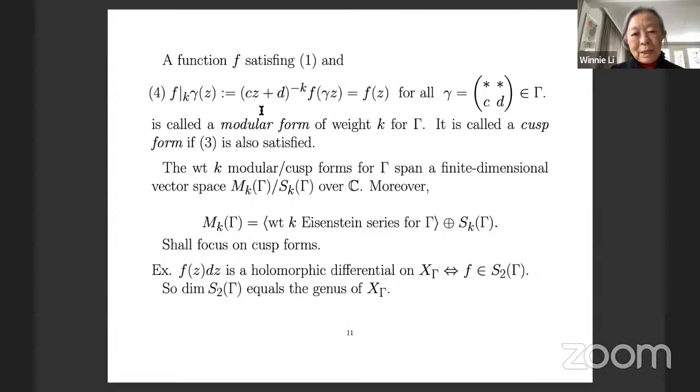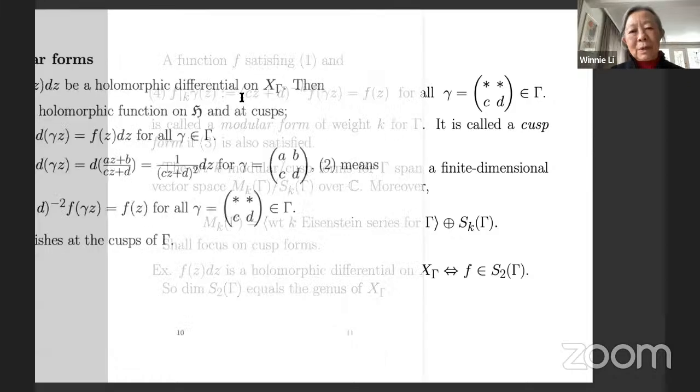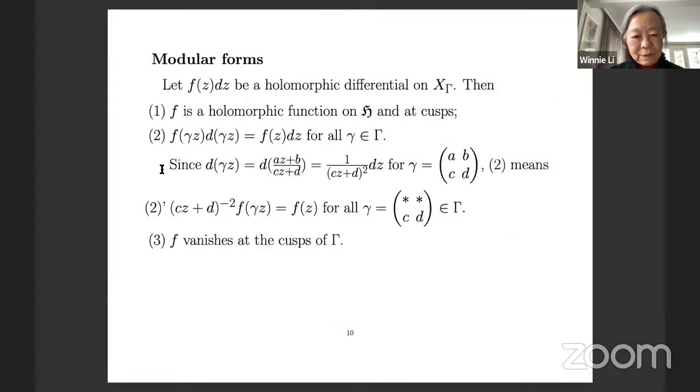Now, in this action of the group, one notices that if the matrix is a translation, then the stroke operator is just equal to f itself.